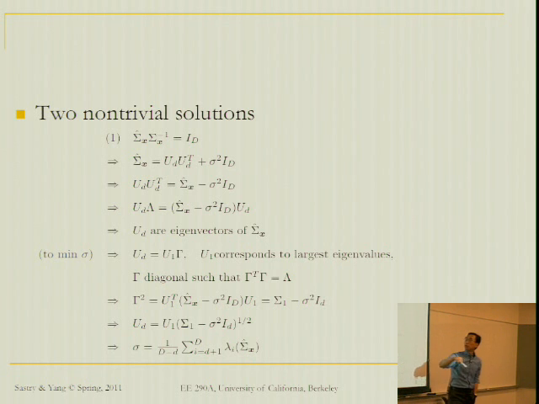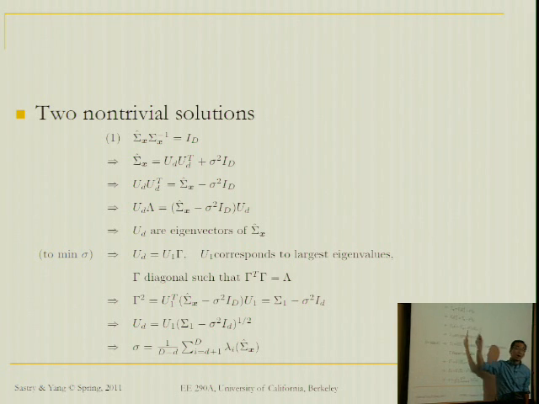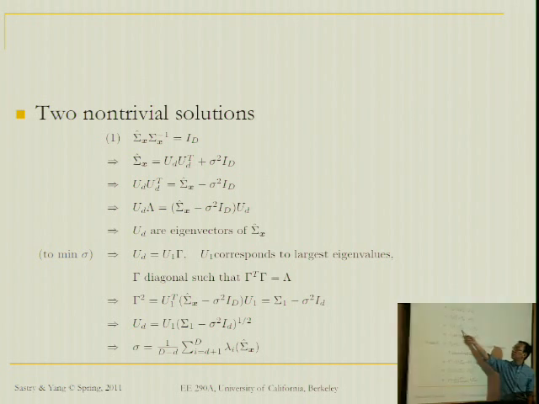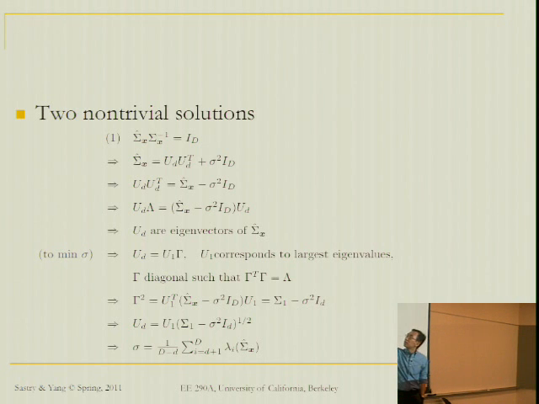Because each column vector of UD times this matrix is equal to the same column vector of UD times the scalar in capital lambda. Okay? Next, you remember that this sigma corresponds to the noise. So we want the noise to be as small as possible. If this is something we can compute, it's fixed, and we don't know this one, but I want to minimize it, what I can do is maximize the eigenvalues of this side.